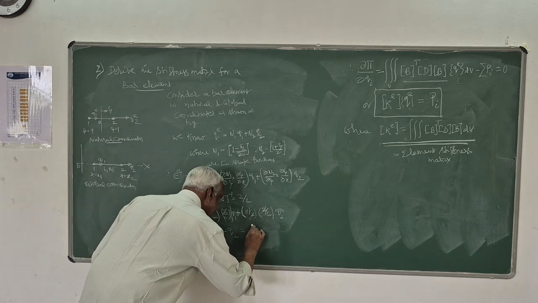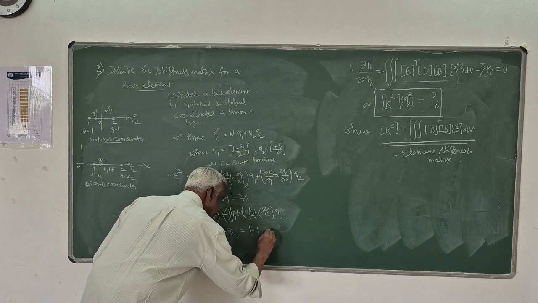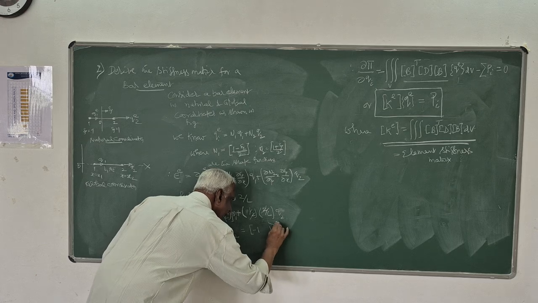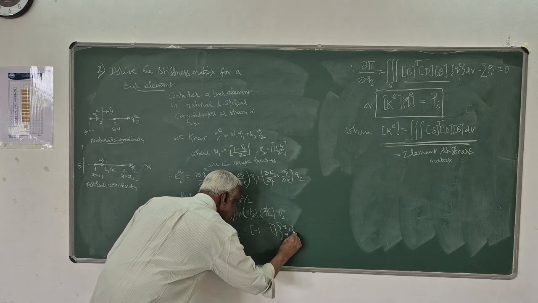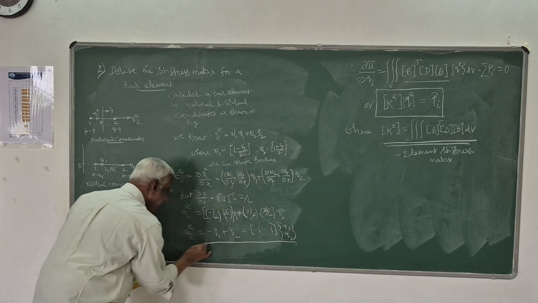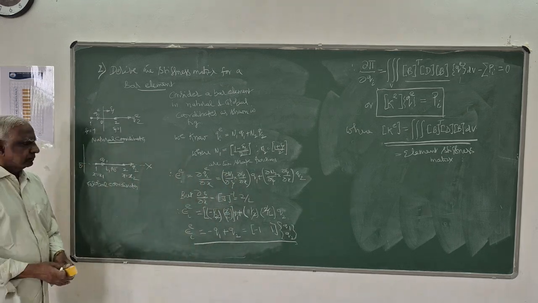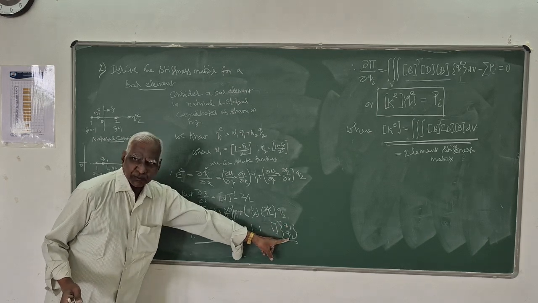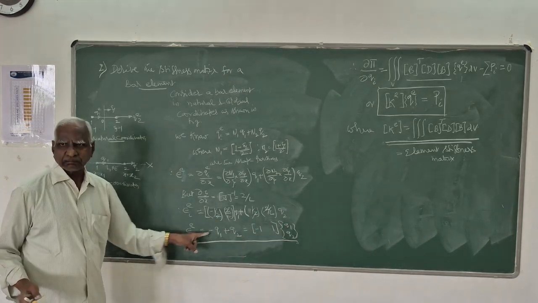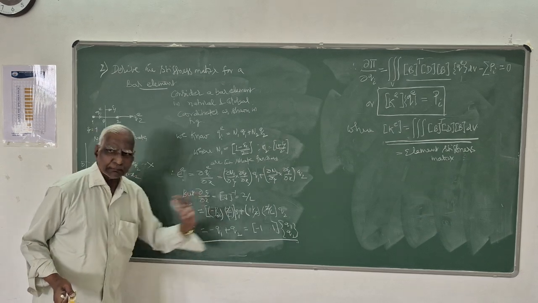Or I can write it in matrix form like this, with q1 and q2. This is minus q1 plus q2. That is the same thing, written in matrix form.